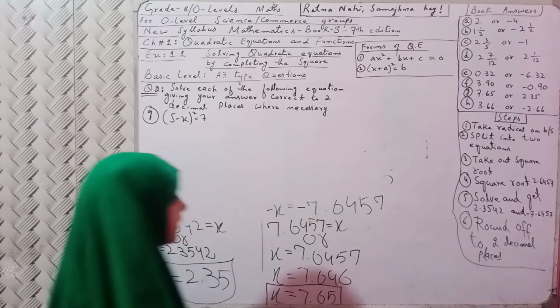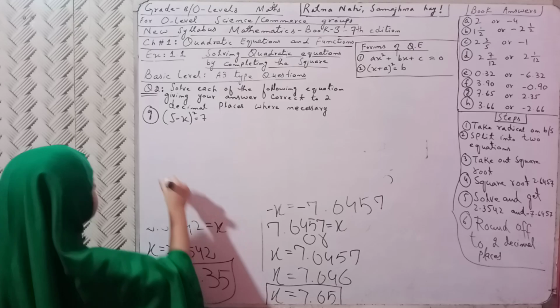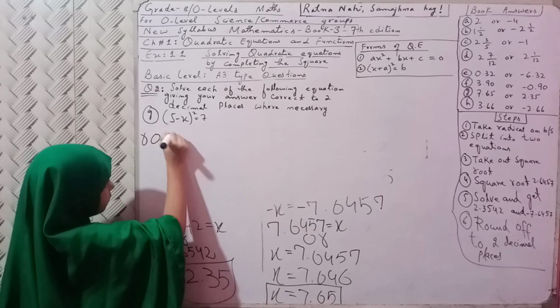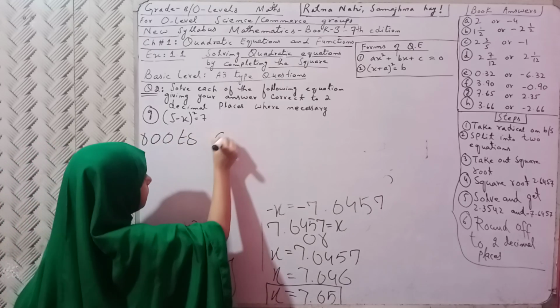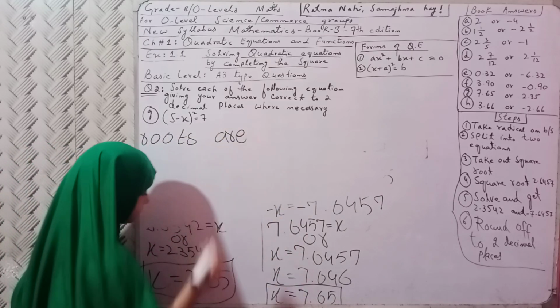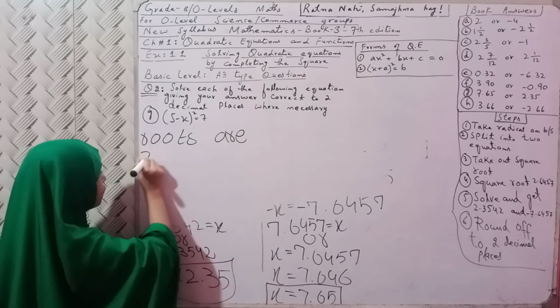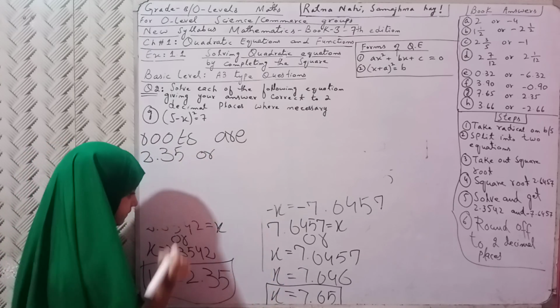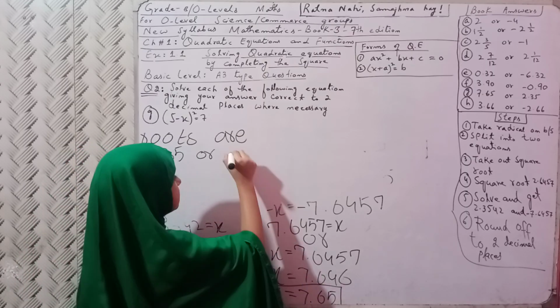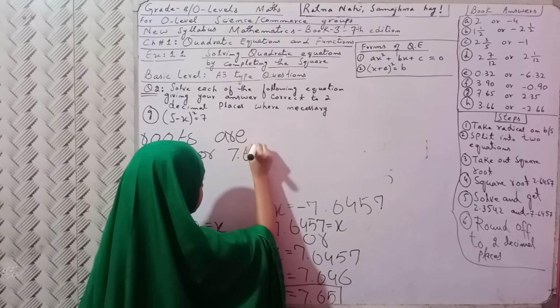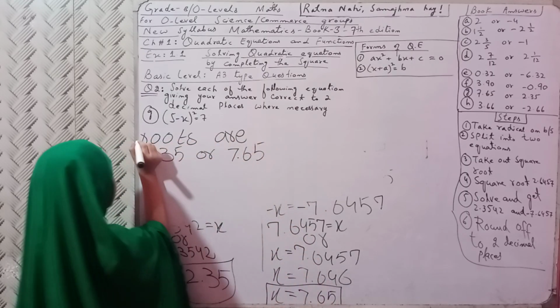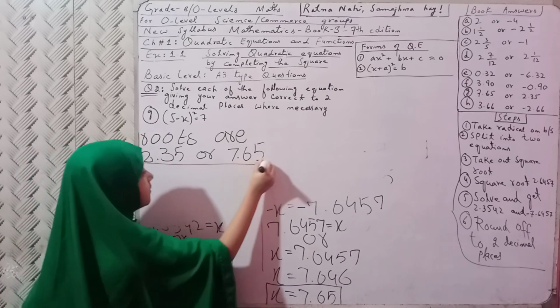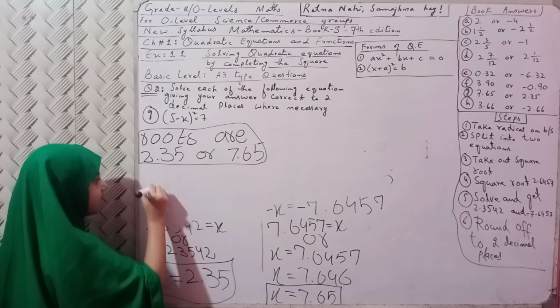Now I am writing the answer. So roots are 2.35 or 7.65, and this becomes our answer.